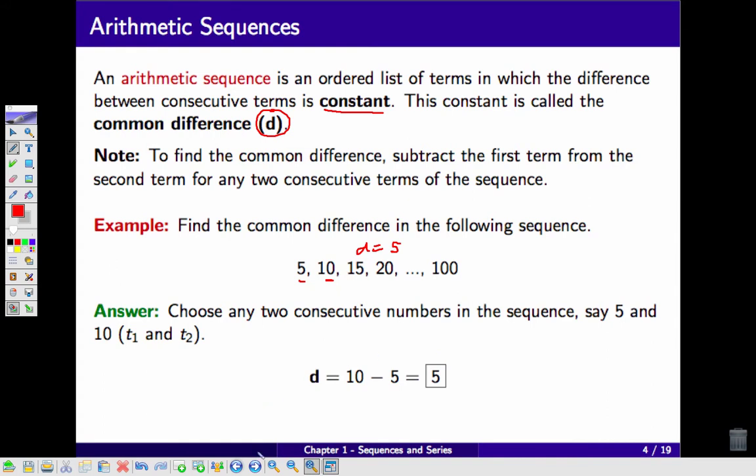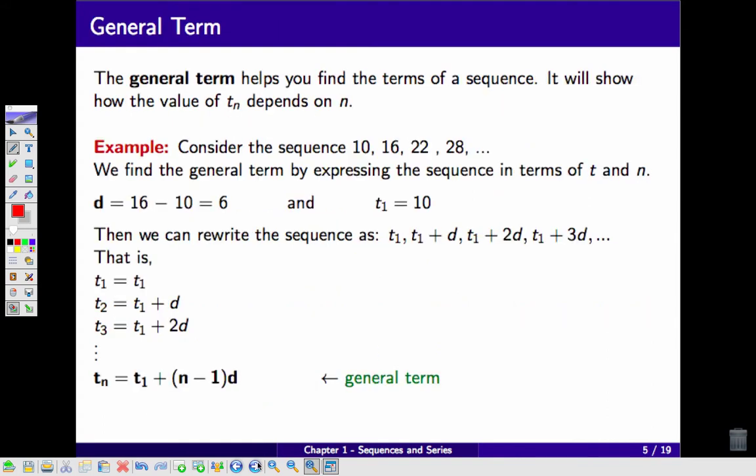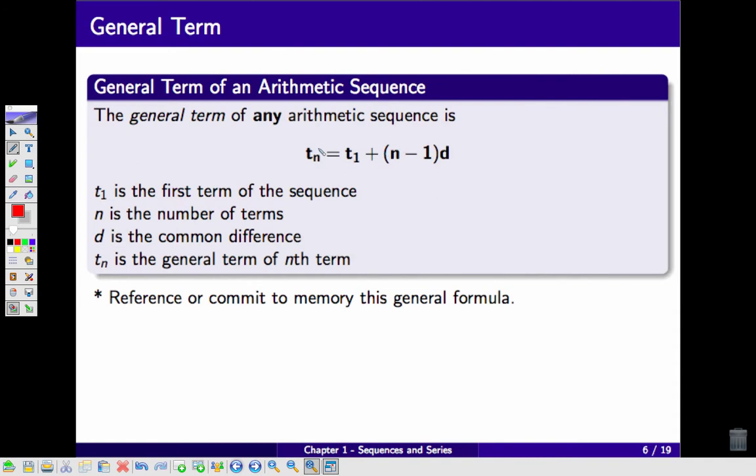So let's jump right into a practice problem. This is the formula. I've shown you how to derive this formula actually in the notes on the previous slide, so make sure you take a look at that. We're going to use this formula right here to answer our question involving arithmetic sequences.